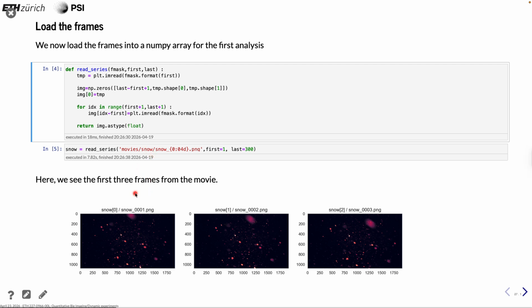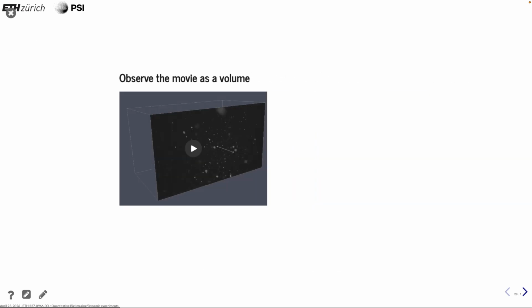And if we look at the first three slices of that movie, not so much difference because they are pretty slow, these flakes. But anyway, we have now the first one, which is called Snow 0001, 0002, and 3. So they are really indexed within the volume. And that's actually the first step, just to get the data in.